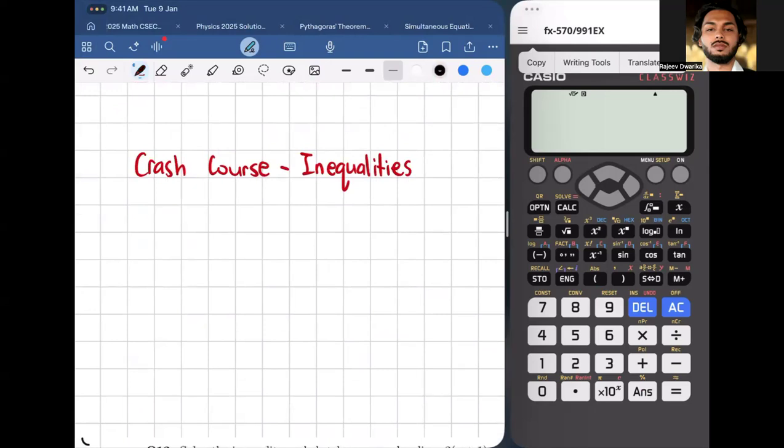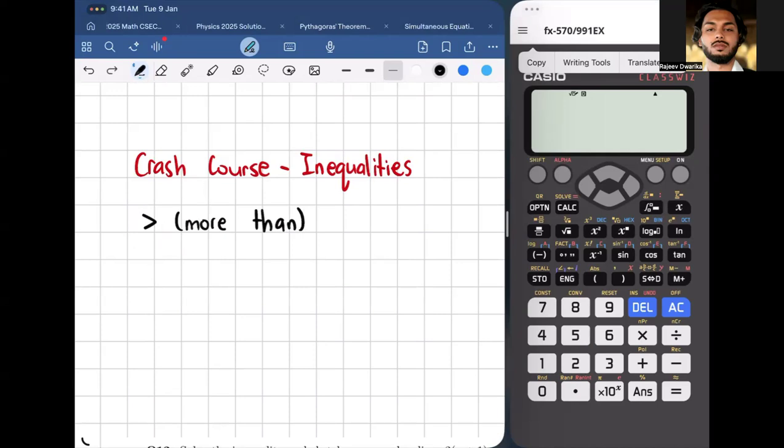This symbol, guys, what does this symbol mean? Does anybody know? More than. More than. I'll show you guys a trick to remember it just now. So this means more than.